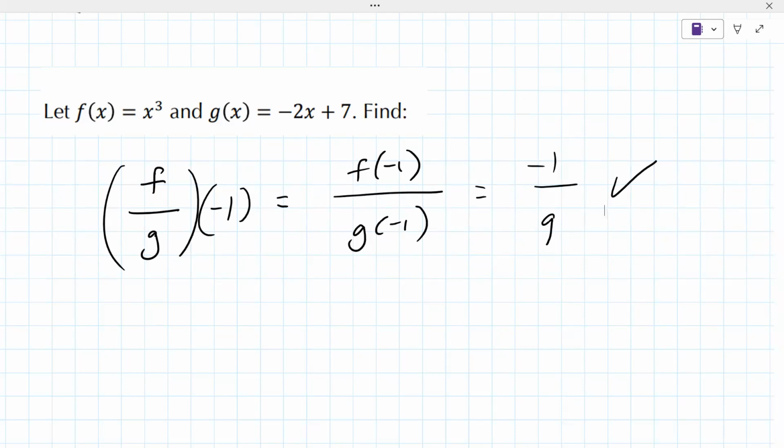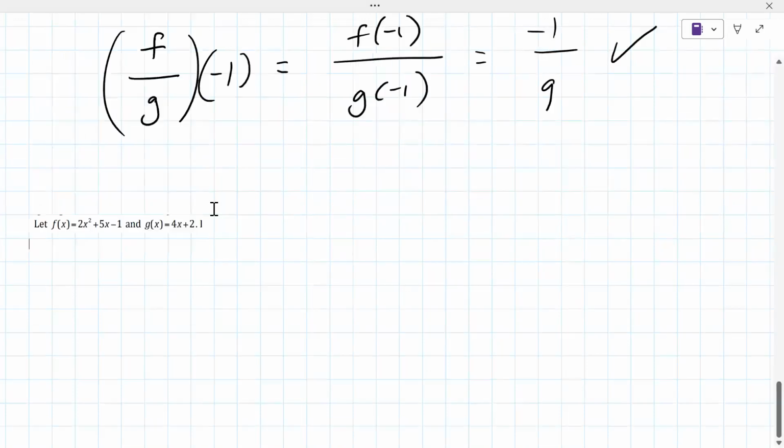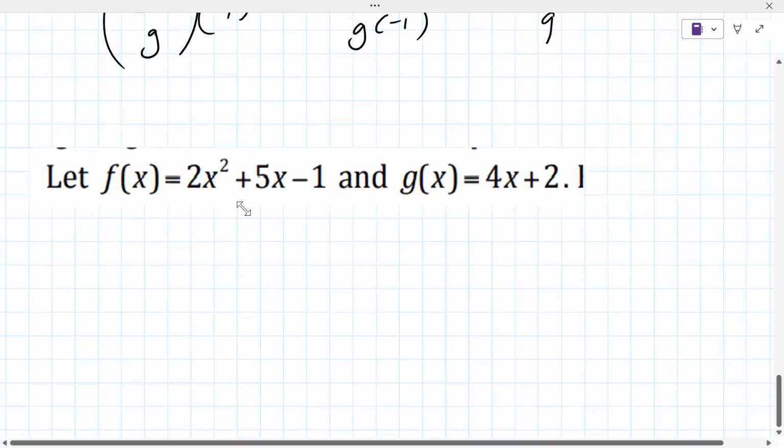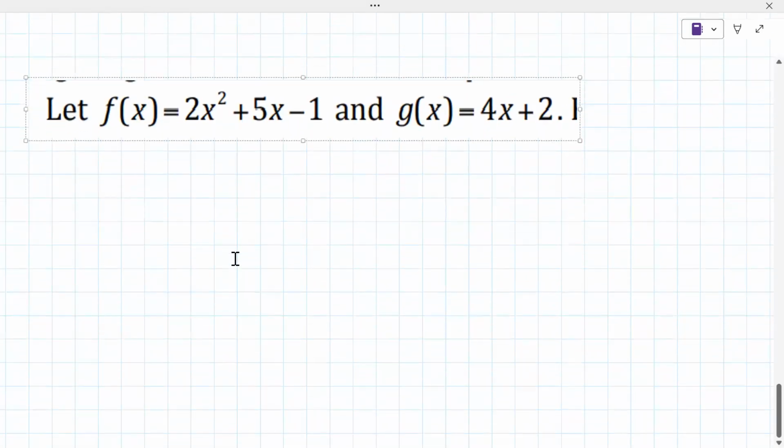All right, let's do another one here. So here are the two functions. Now the order can change.